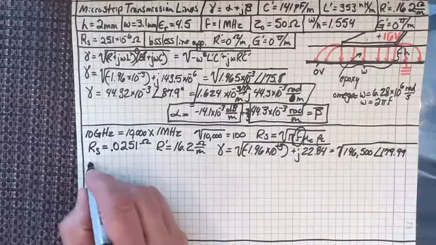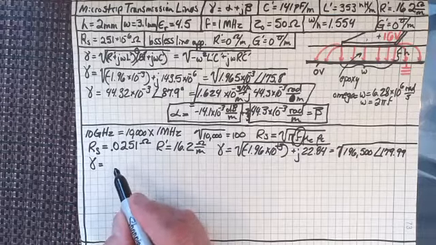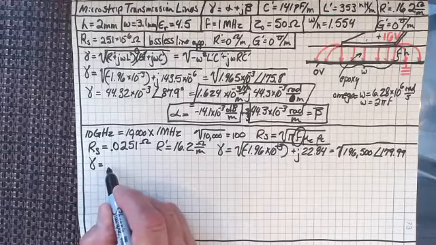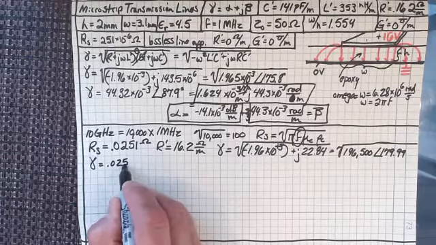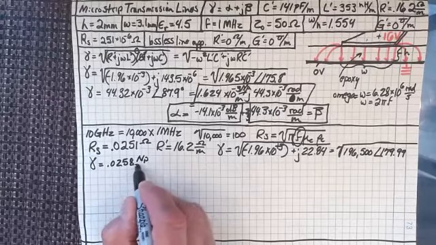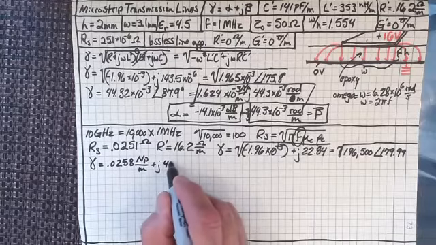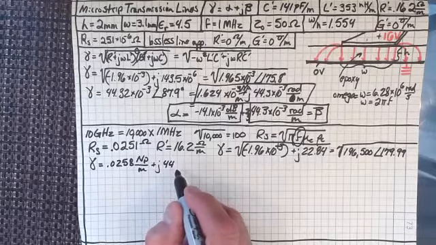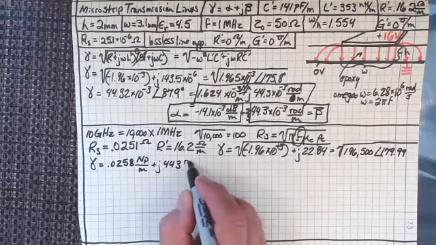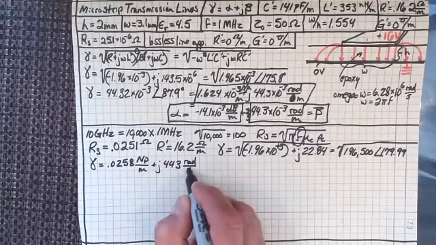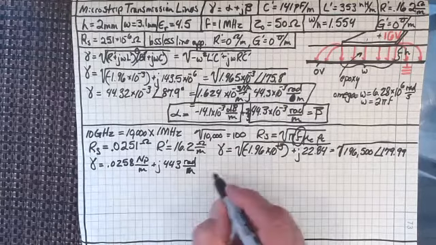And if I take the square root of that, I don't have it in phasor form, but I do have it in A plus JB form, and that would be 0.0258 nepers per meter plus J 443 radians per meter. All right, so that's alpha, and of course that's beta.